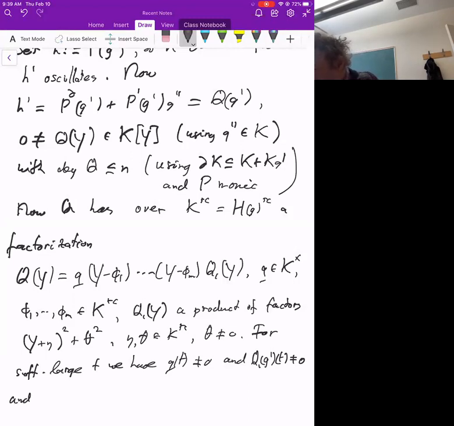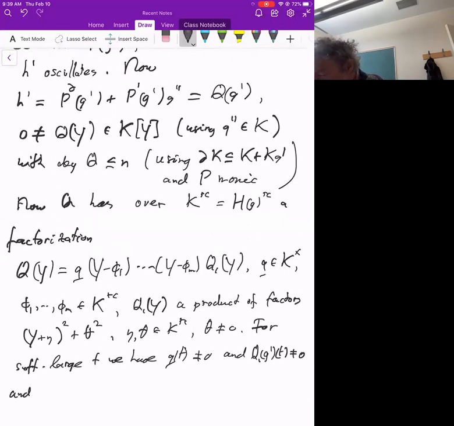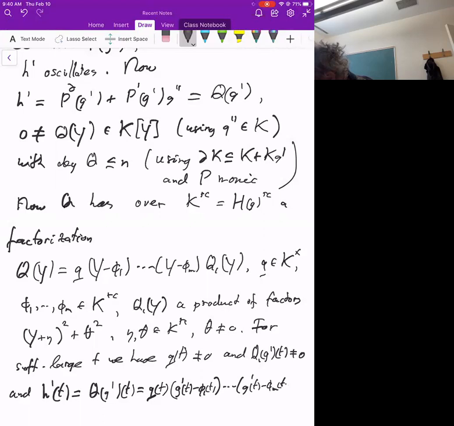So H prime was Q G prime. Q is factored now, and now we substitute G prime back into little g prime for capital Y here, and also substitute large t, and we get that H prime(t) equals Q(G prime)(t), which is q(t) times (g prime(t) minus phi1(t)) ... (g prime(t) minus phi m(t)), times, well, let me just write it here, Q1(g prime)(t).